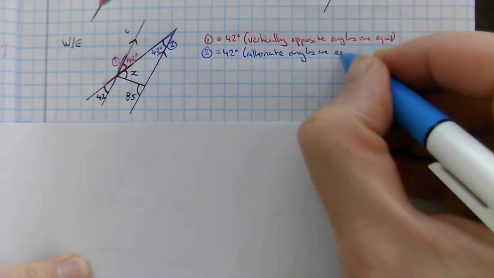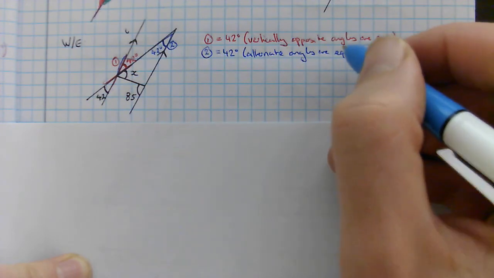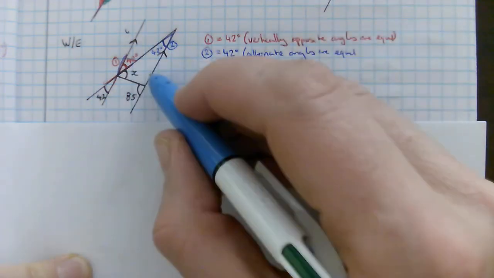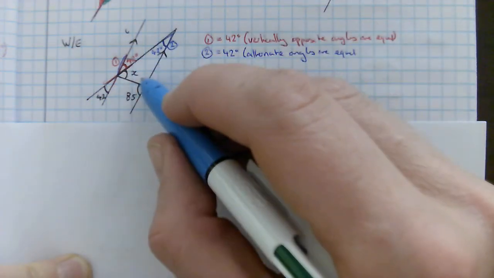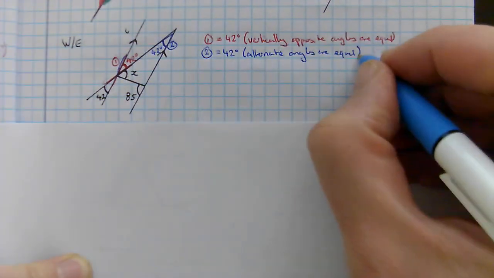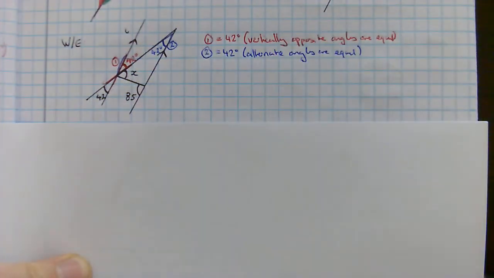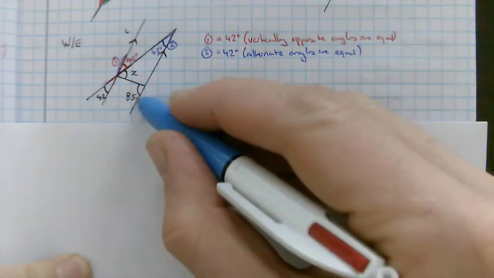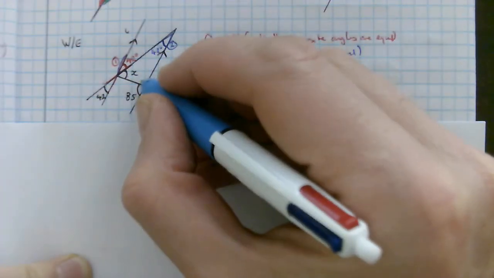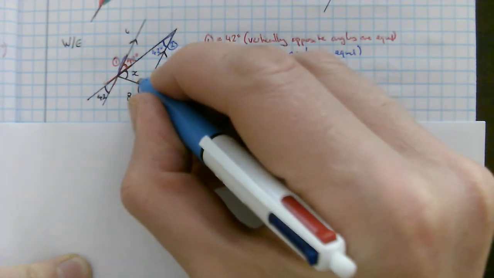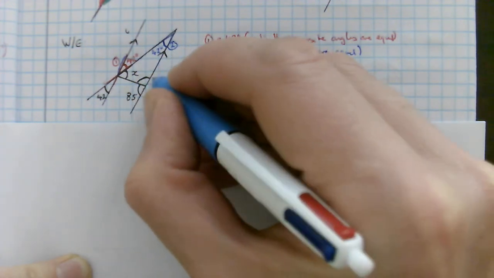Well, I can't find x yet because I've got angles in a triangle here, but I don't know this angle. But wait a second, I should be able to find that angle, because I know that this angle here is 85 degrees, so this angle here, which is on the straight line, must be 180 take away 85.